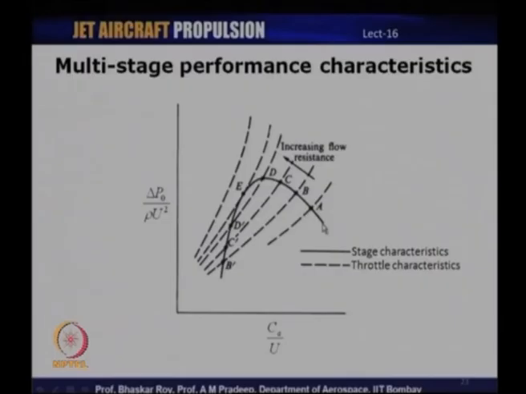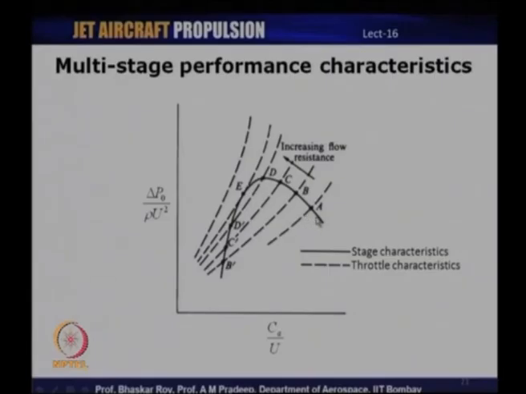Now let us say we have the stage characteristics plotted here in solid line, and the throttle characteristics in terms of these dashed lines, which means that as we throttle the compressor, as we reduce the mass flow, the throttle characteristic keeps changing.